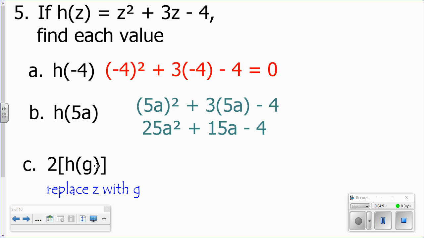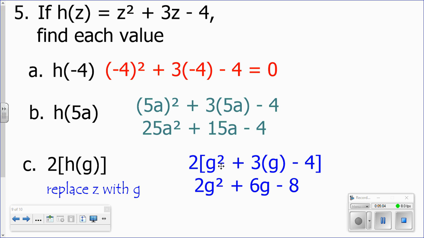In this one, looks very complicated, but all you're doing is wherever it says z, I'm going to replace that with g, and then I have to multiply everything by 2. So wherever it says z, I replace g, and then I use distributive property and multiply across.